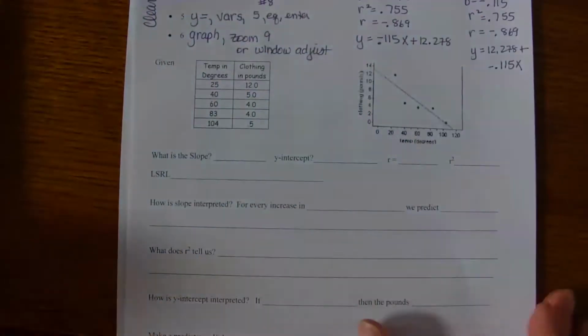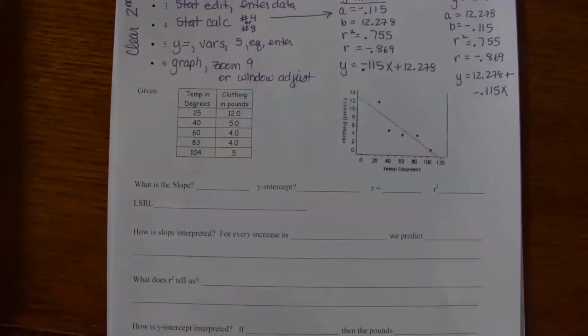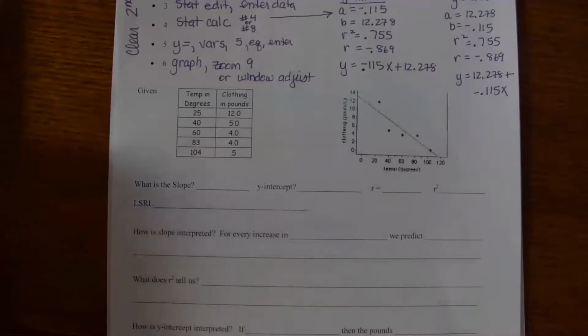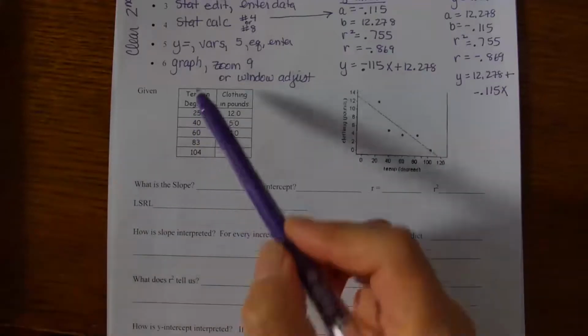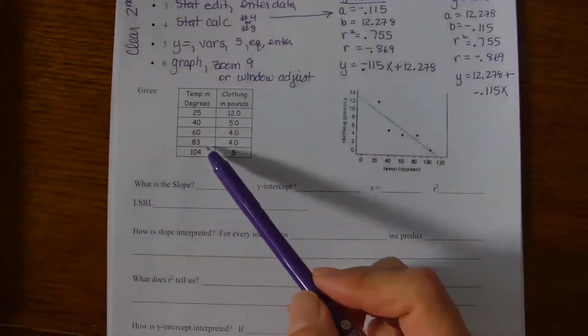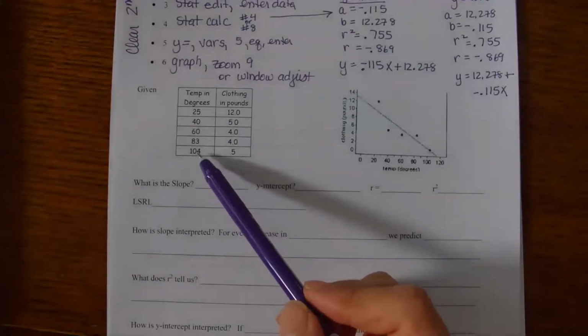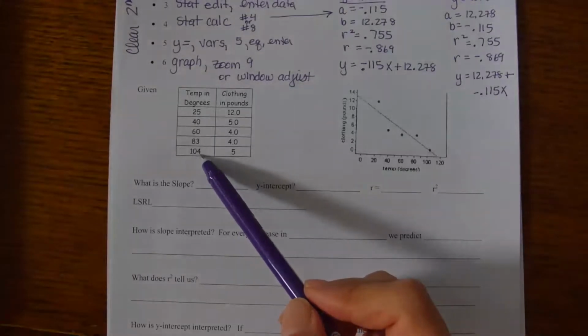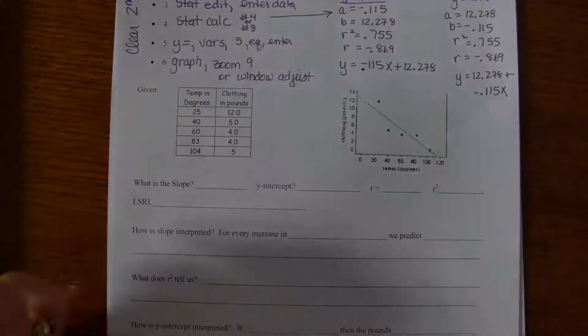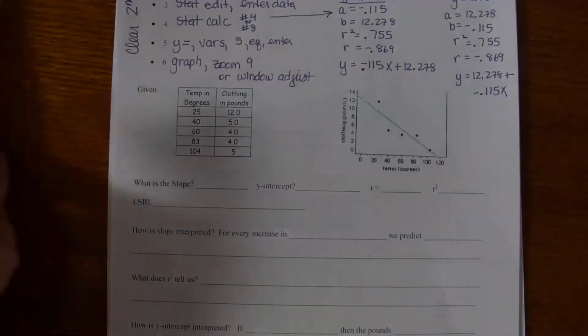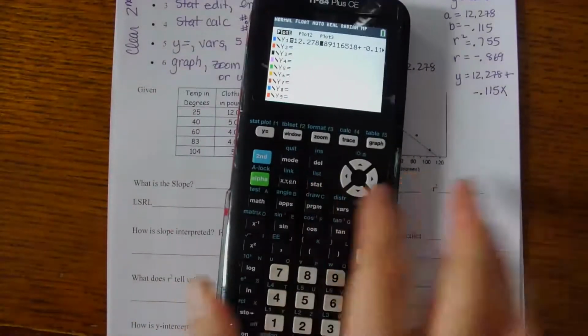Sometimes your calculator is not real friendly with how it makes your screen look, and you need to play with the window yourself. Like if I'm looking at these, I'm going to want my x-axis to go all the way to 104, and I only need my y-axis to go to 12, right? But let's see what a zoom 9 will do. So now graph.